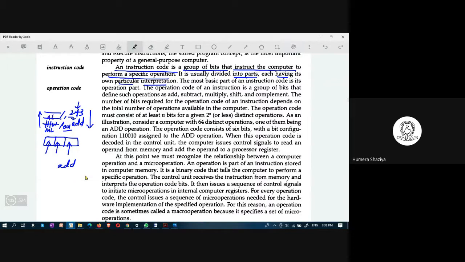Assembly language. In assembly language, you have mnemonics, you have symbols assigned to these numeric codes. And when you go up to higher programming languages, say C or Java, you don't have to use mnemonics or codes. It is very user friendly, and normal operators can be used in order to instruct the computer to perform a particular task.